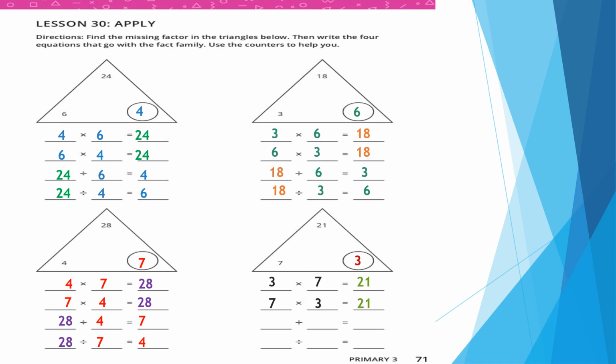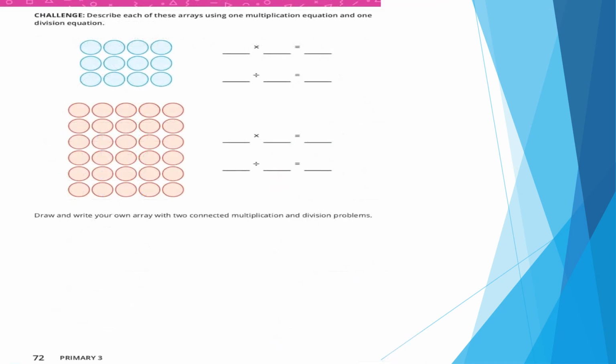We wanted to find the division equation, so we will write the greatest number first, which is what? 21. 21 divided by 3 equals 7. We will put 21 again. 21 divided by 7 equals 3. Now, let's move to the next one.